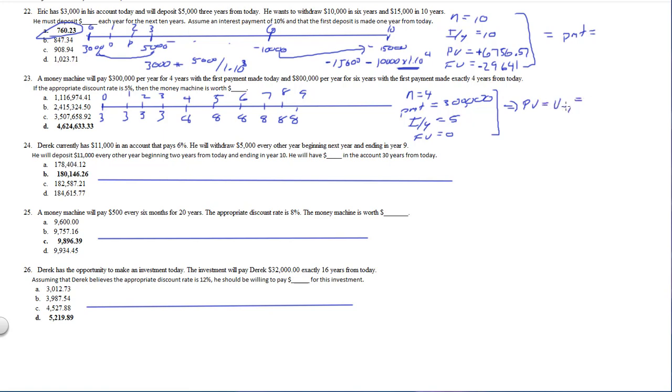That's equal to 1,063,785.15. But I need the value today, because I want to know the value of the money machine today. So that's value year 0 is equal to the value of minus 1 times 1.05. So that's equal to this number right here.